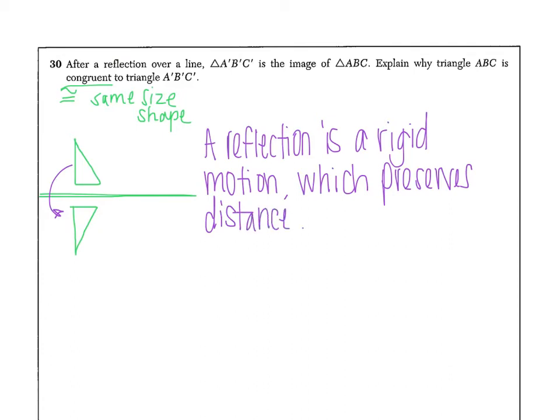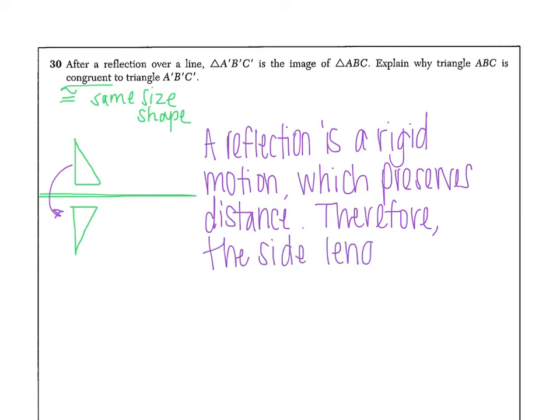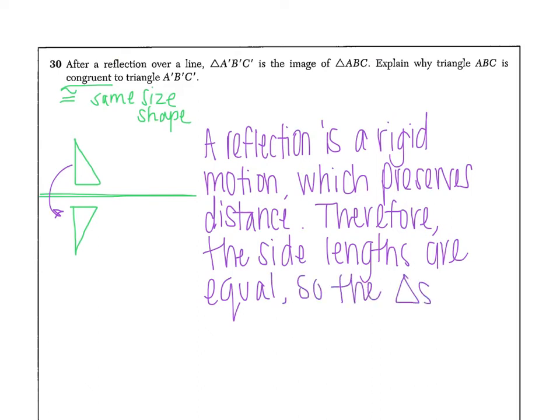Remember, rigid motion always preserves distance. Therefore, the side lengths are equal, so the triangles must be congruent.